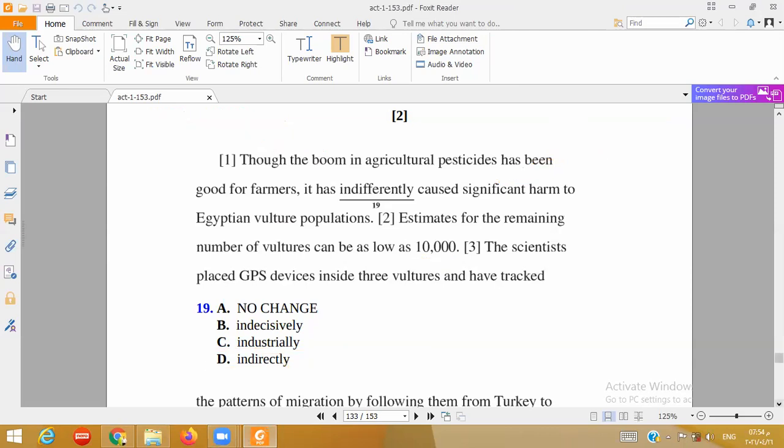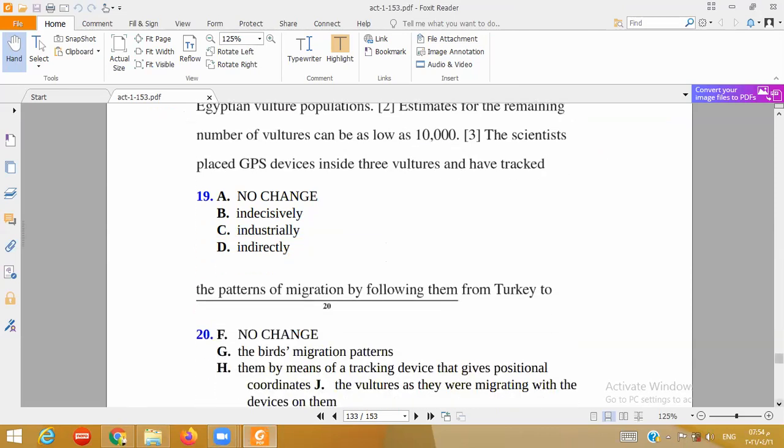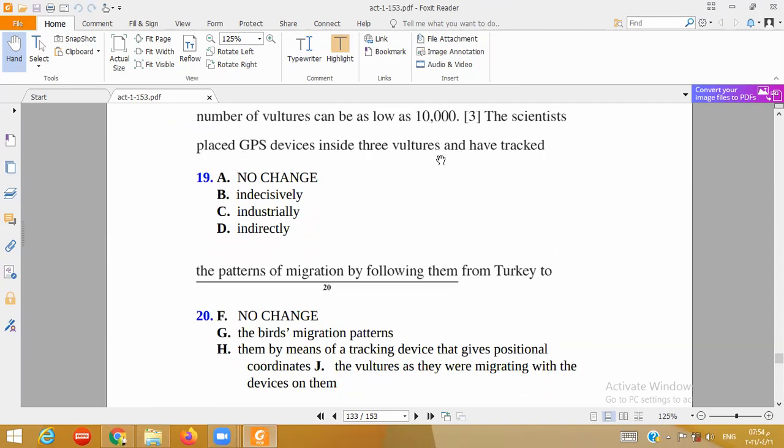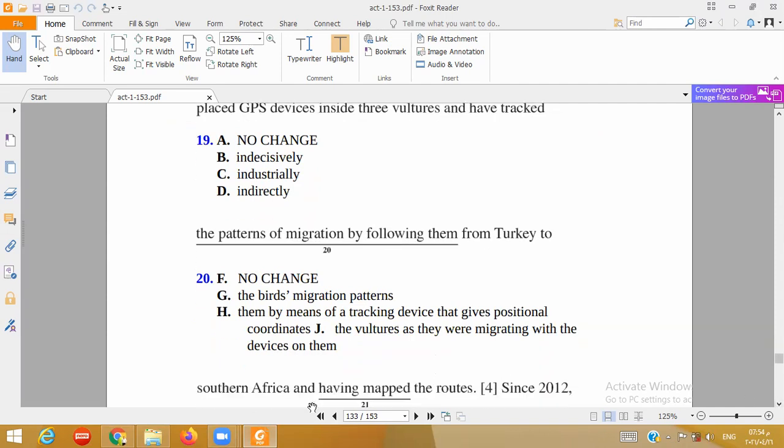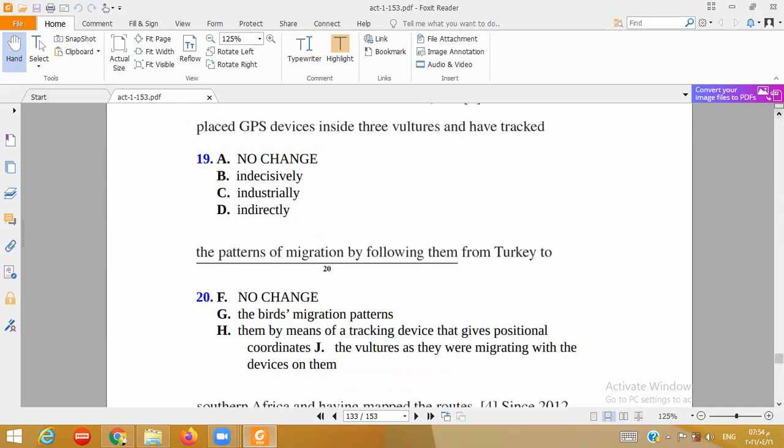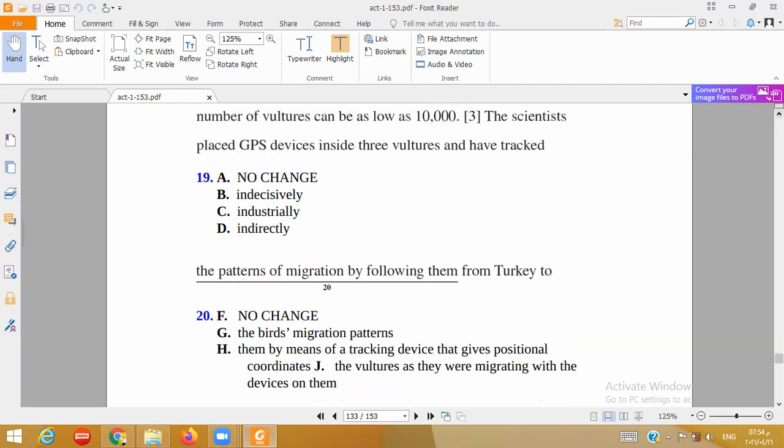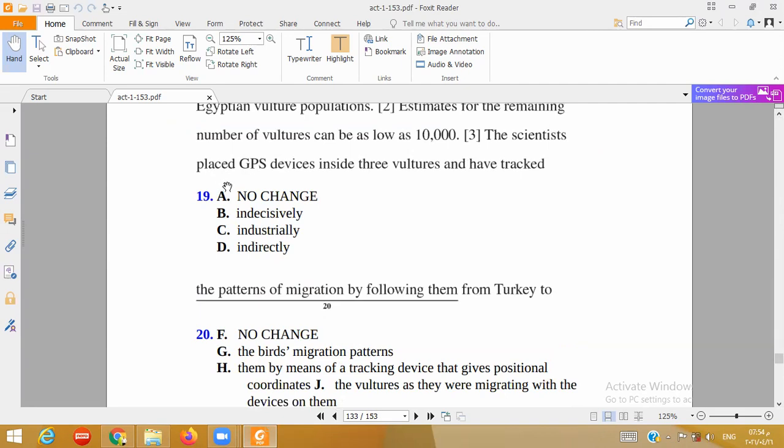All right. So here, the scientists placed GPS devices inside three vultures and have tracked the patterns of migration by following them from Turkey to Southern Africa.